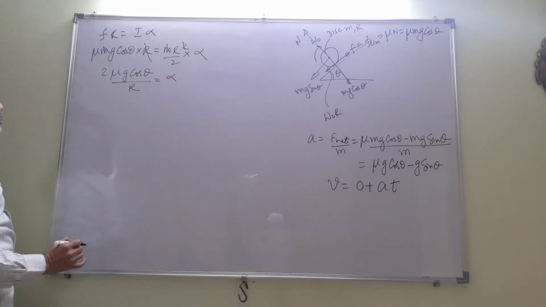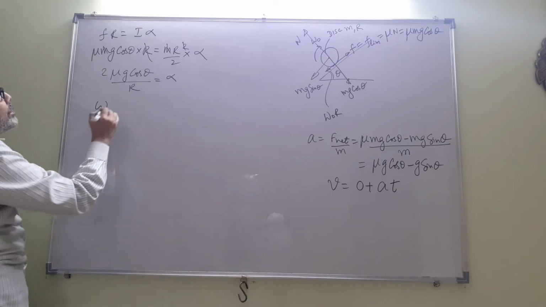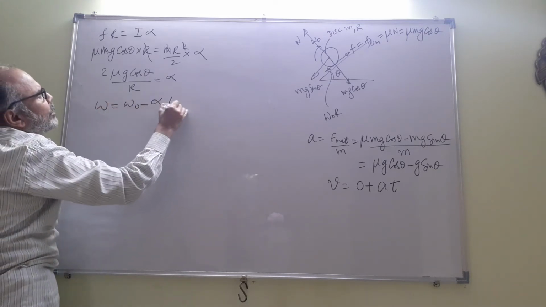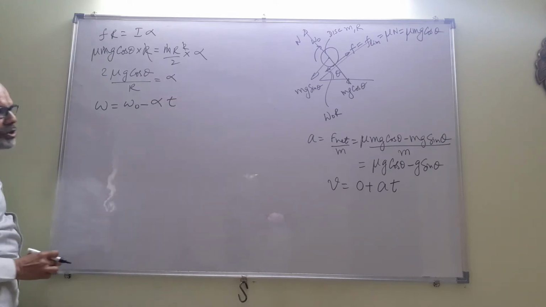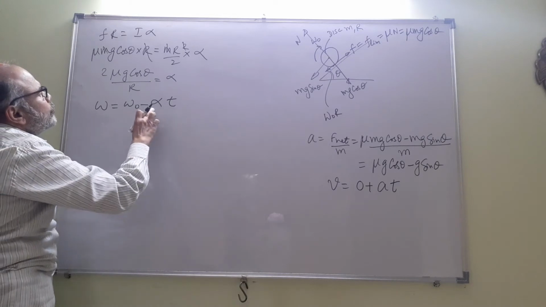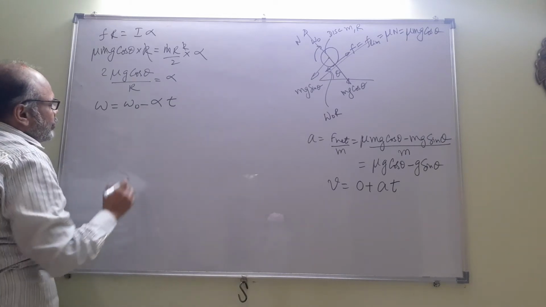So you can actually get the instantaneous omega. Instantaneous omega will be omega naught minus alpha t. Why minus? Because it is a decelerating torque, so it's an angular deceleration.